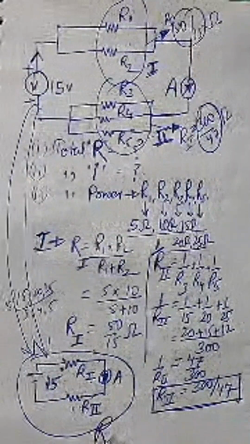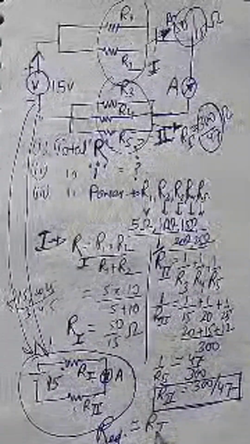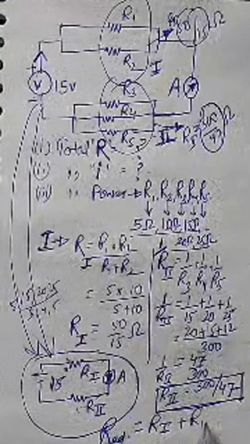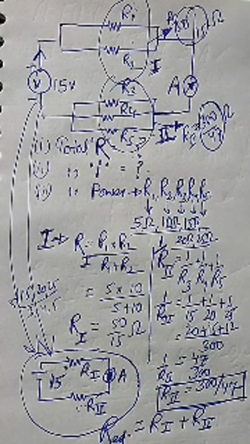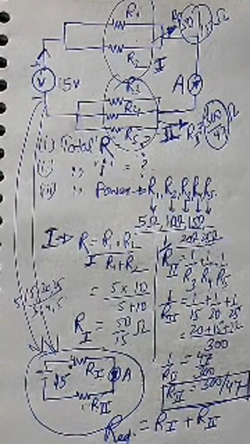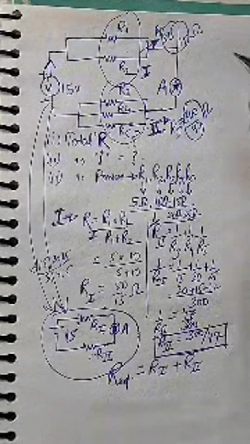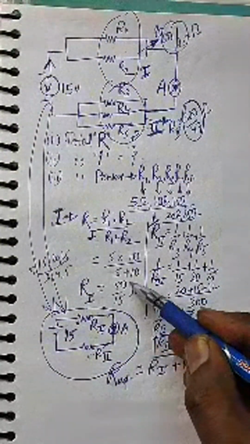So equivalent resistance can be calculated as R Roman 1 plus R Roman 2, right? And what is the value of R1? R Roman 1, the equivalent for the first, you have calculated as 50 by 15, right?